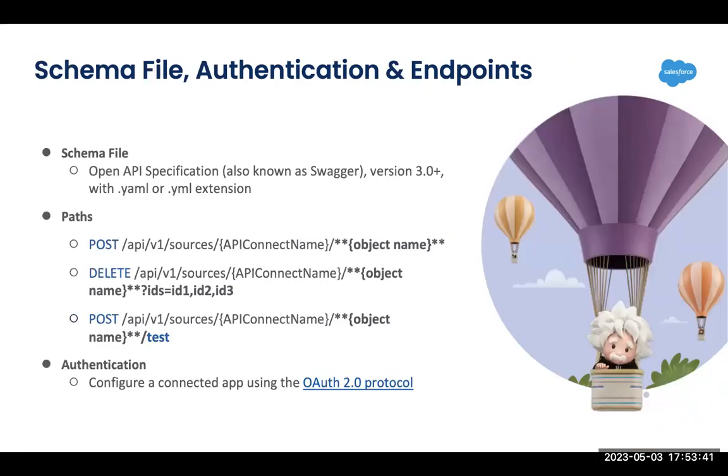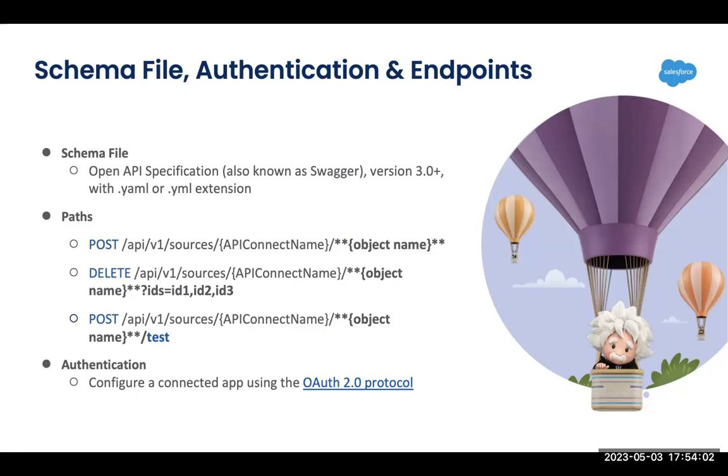When it comes to your authentication patterns, there are methods where number one is the schema file. Authentication is important. Endpoints are really important when you're trying to integrate with the Ingestion API with third-party systems. The schema file is nothing but your OpenAPI specification format, which is a YAML file.